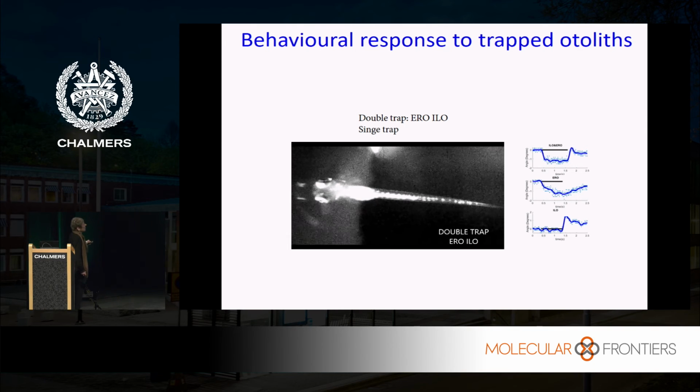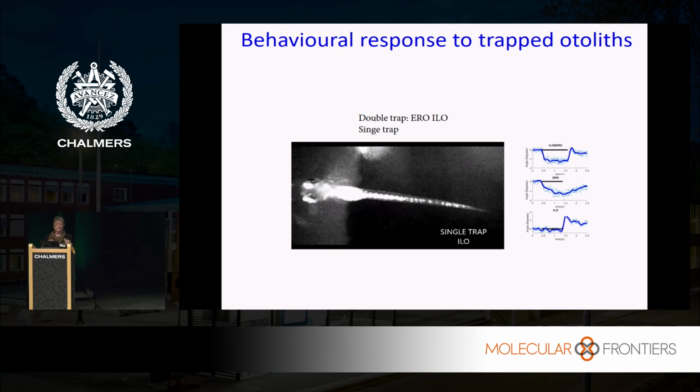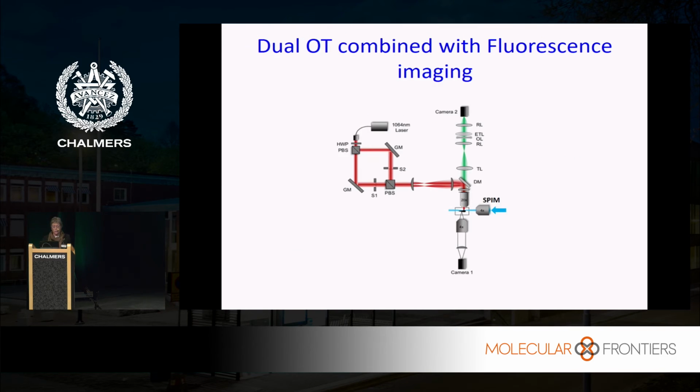We can analyze that and see how much power is needed for those signals and how they vary with power, etc. But as I said, what we are most interested in is to be able to see the neuronal networks which are absolutely necessary for the fish to analyze the signal that is being given to it when the tail is moving. So I have my system.